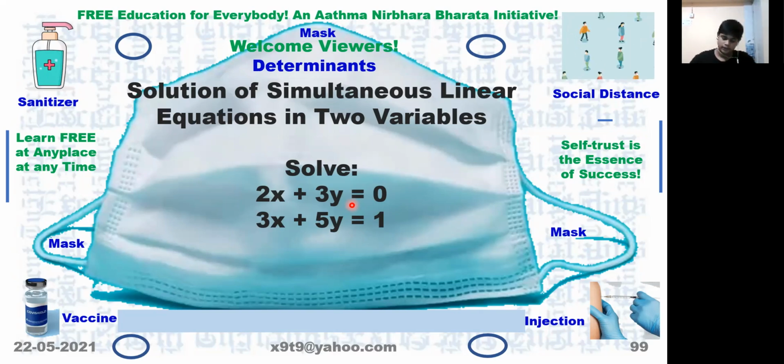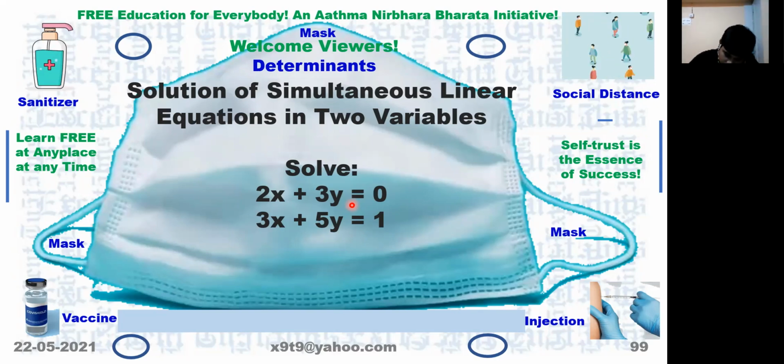So next we'll find out delta y. Delta y is equal to 2 and 3, 0 and 1. So delta y is equal to 2 into 1 minus 3 into 0.